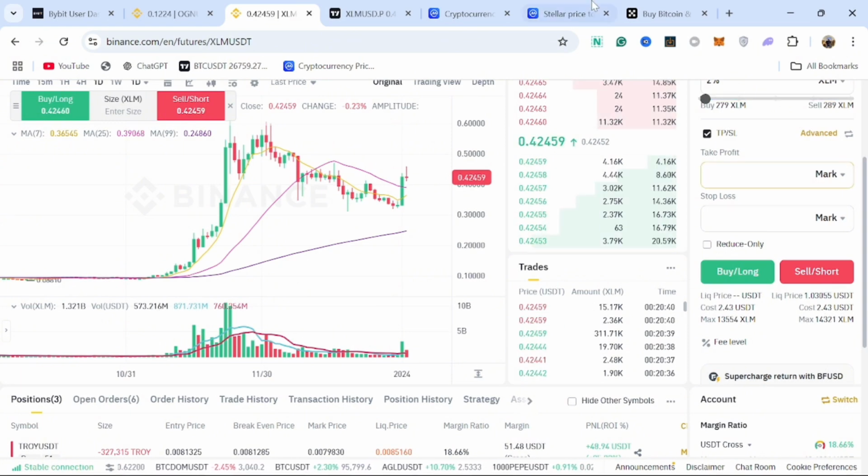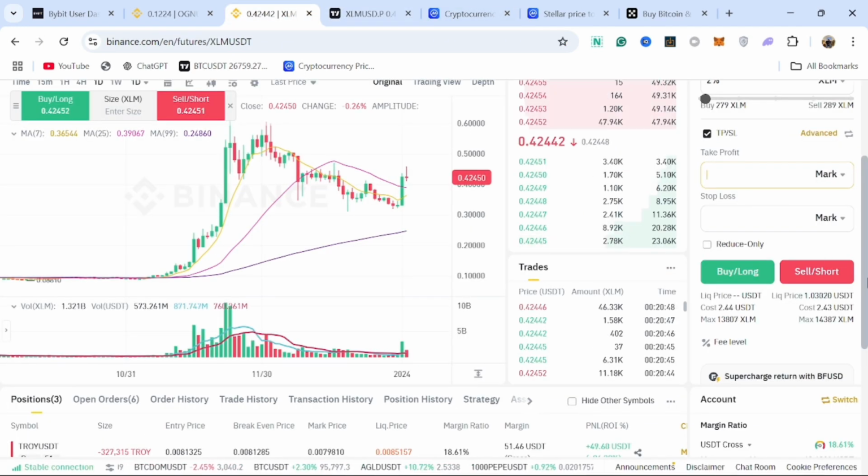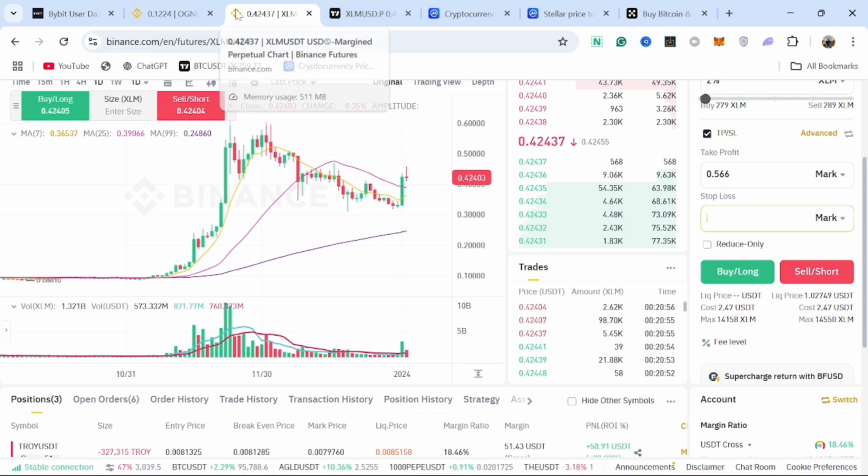Now we need to enter our take profit and stop loss. We go back. Our take profit is 0.566. So we go to Binance and enter 0.566. Then we have our stop loss where we want to exit if this trade doesn't go well for us. We click here.